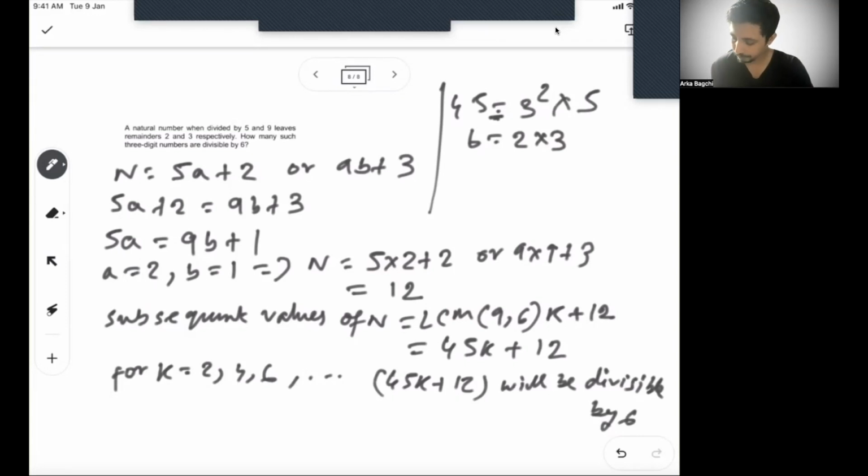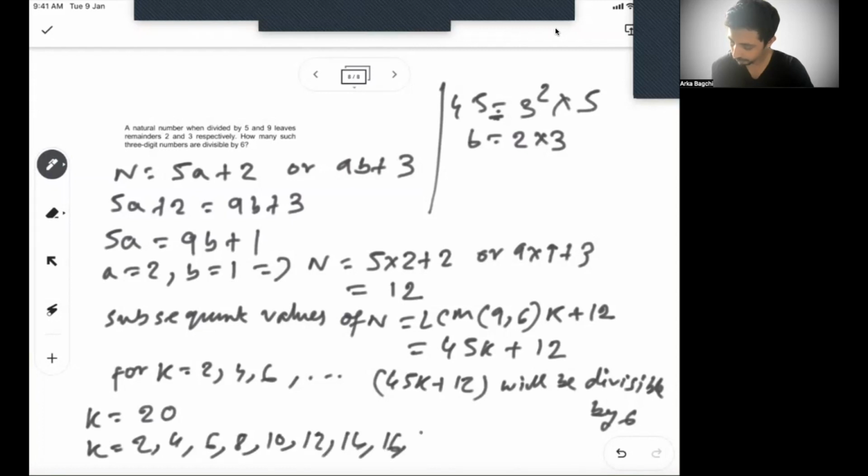So the highest I can think of is k is 20. Then 45 into 20, 900 plus 12, 912. K equal to 22 will go beyond 3 digits, it will go more than 1000. So k equal to 2, 4, 6, 8, 10, 12, 14, 16, 18, 20. So there are 10 values.